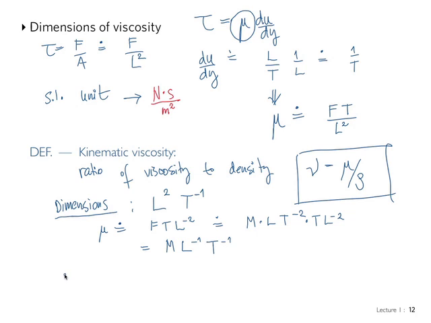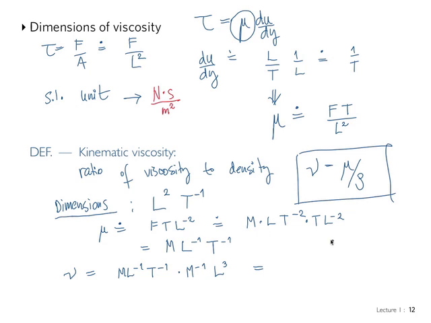Of course, we know what the dimensions of density are, mass divided by volume. So now we can find mass, length to the minus 1, t to the minus 1, divided by density. So mass to the minus 1 and length to the 3. Right? Because if it was density, it would be mass times length to the minus 3, but it's in the denominator, so we change the sign of the exponents.